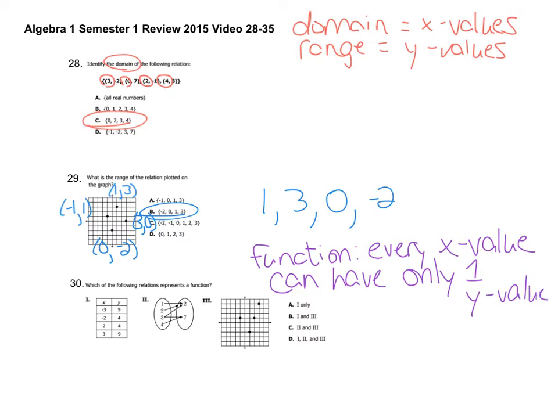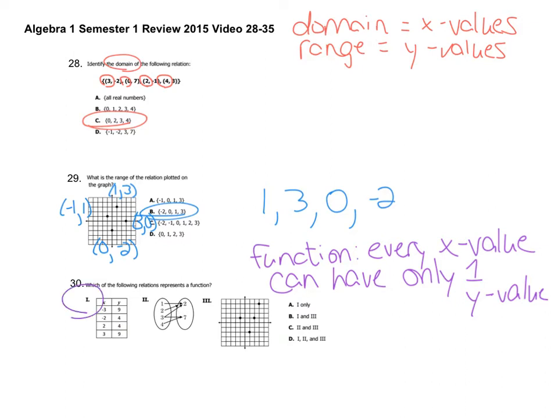Okay? So we look at the first one. It wants to know, does every x value have one y value? So are any of my x values repeated? -3 only goes with 9, -2 only with 4, 2 only with 4, 3 only with 9. So that is a function.